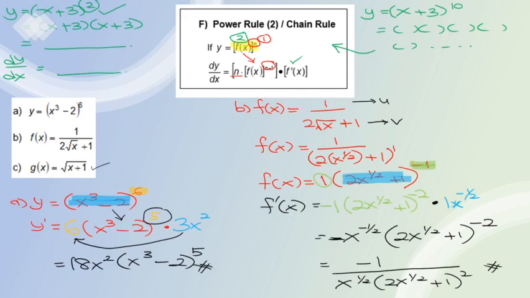This one we go for if y equals to function fx that has power n, so you have to follow the steps. So the first one is move the power first.